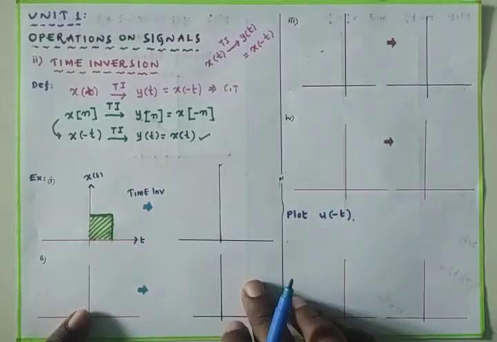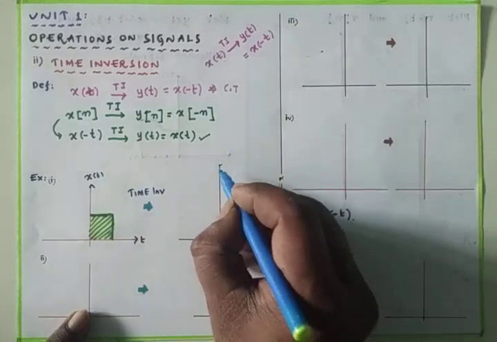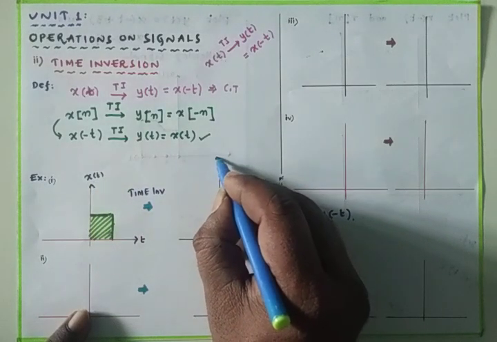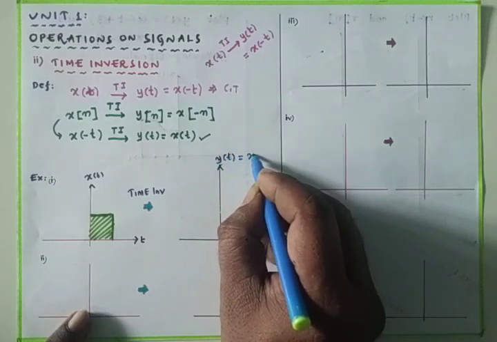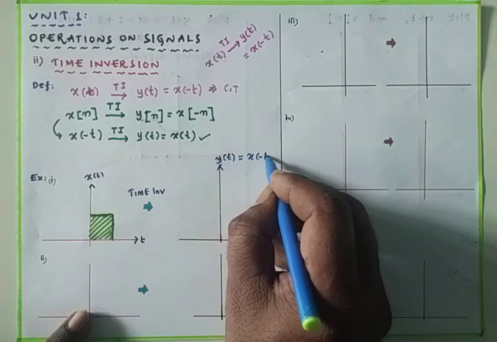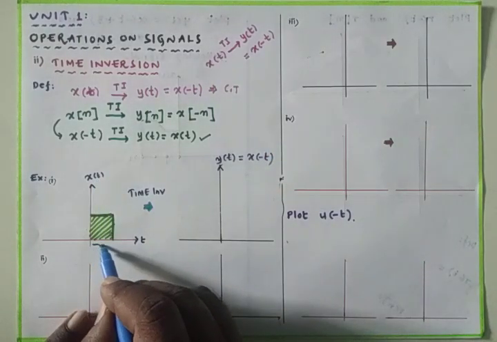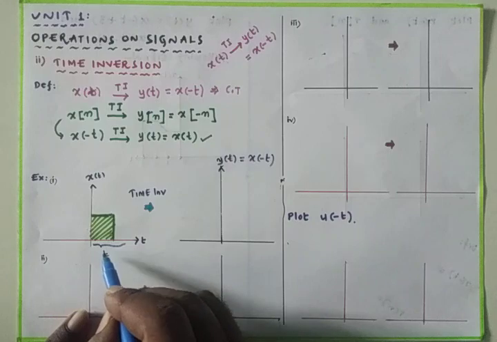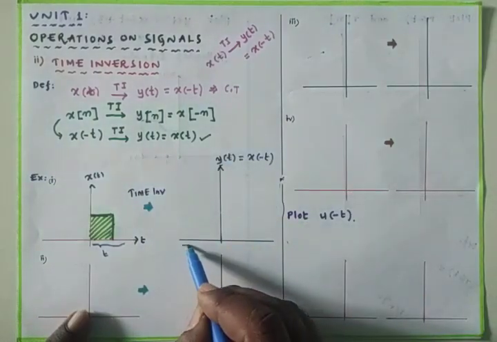Time inversion operation is nothing but what? X of t will be replaced by x of minus t only, so that the resultant signal we can call y of t. Y of t is nothing but simply x of minus t only. So t is positive here, so we have the signal here. But we require to have the same signal for t negative. T negative means this part.